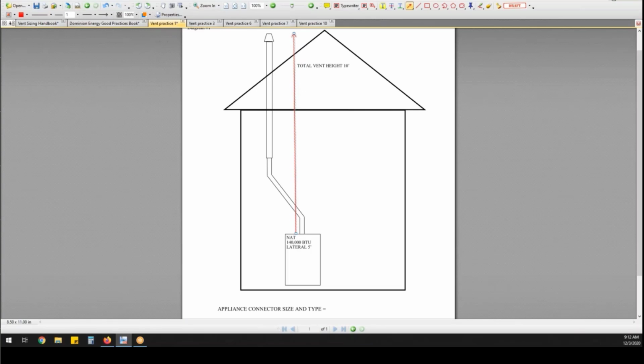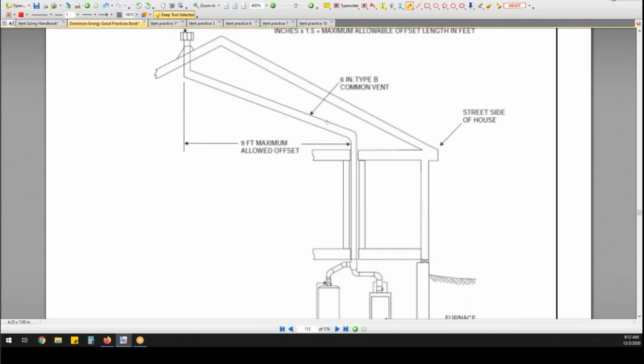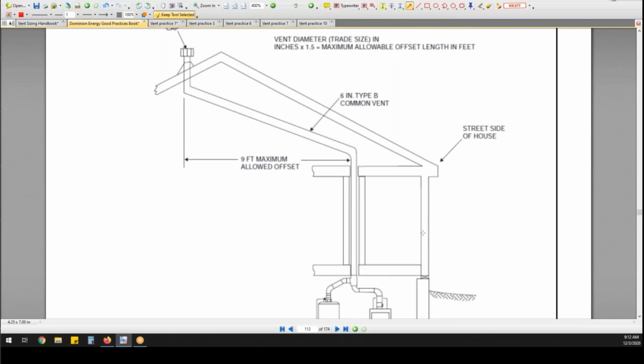And in that vent sizing handbook, and even in the good practices book, it talks about it. So for example, this one here, my total vent height would be from this appliance here, my lowest appliance, see how it's shorter than that appliance there? So my total vent height would be that.